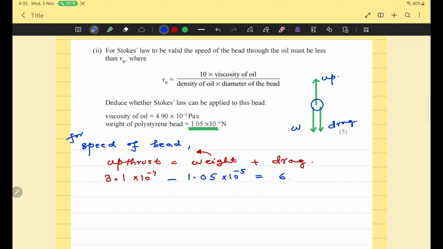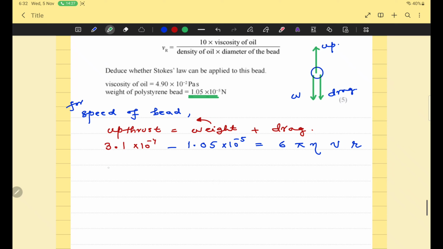You know, drag is 6 pi viscosity velocity into radius. You should calculate speed yourself, do not copy. So this 6 pi is shifted to the other side.